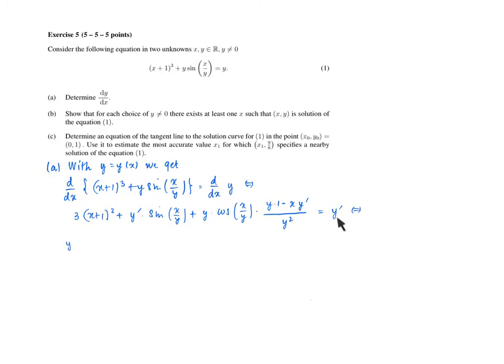And on the right hand side we get simply y prime. So now we gather all terms with y prime. One is here, and one is here, y times the cosine of x over y times minus x divided by y squared.